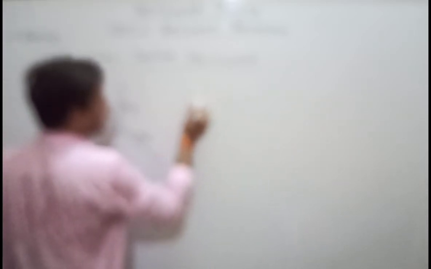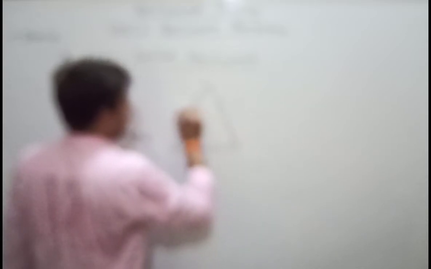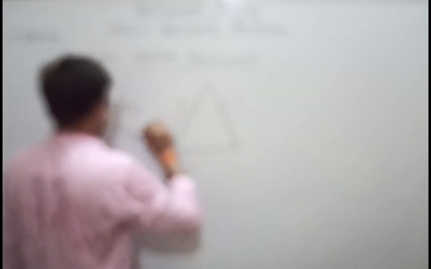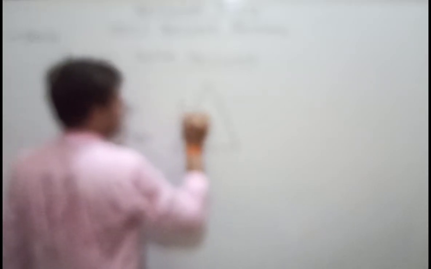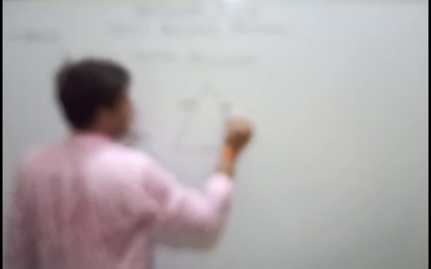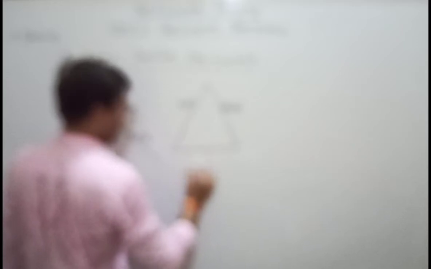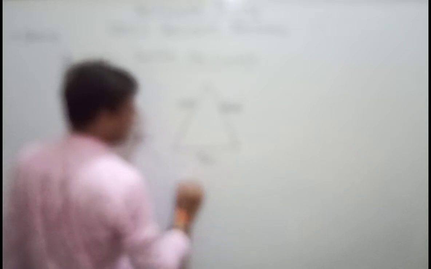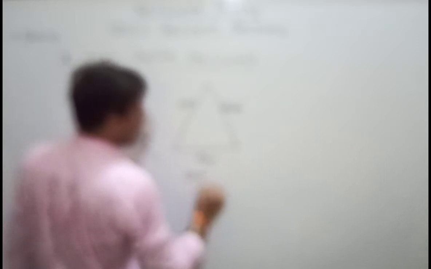Now if you are having a network like this one, with RAC, RAB, RBC, then this connection is called a delta connection.